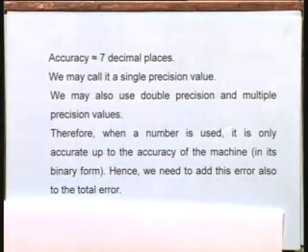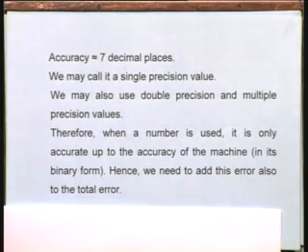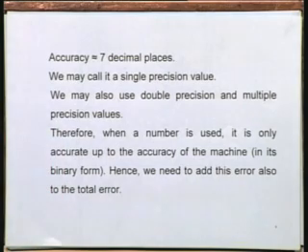Now therefore when a number is used, it is only accurate up to the accuracy of its machine. We are talking about its binary form. Therefore we need to add this error also to the total error. What we mean is, even if you are taking a number like 0.1 or 0.5 to the computer, it is changed into binary form, and then it is going to be cut at the 23 bits.